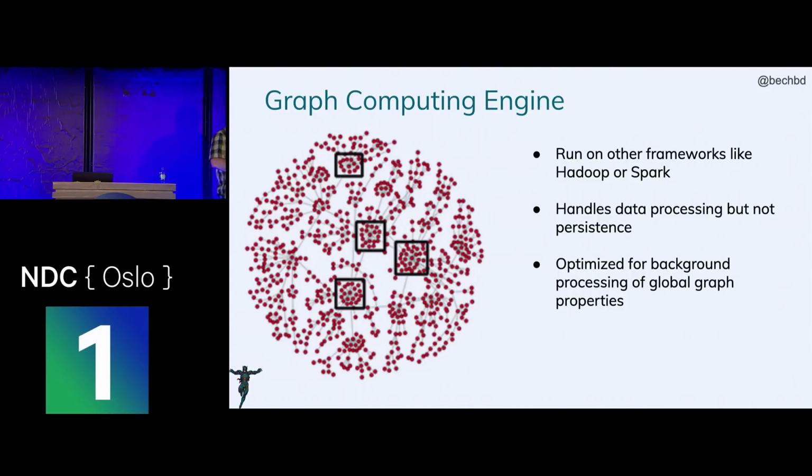Global graph properties are the types of properties around a graph, something like centrality or influence, that require you to look at all or almost all of the data in your graph in order to answer that question. The other common characteristic is these are usually built around other big data processing frameworks, something like Hadoop or Spark. They are built to run on those, or built into those, to answer these sorts of questions.